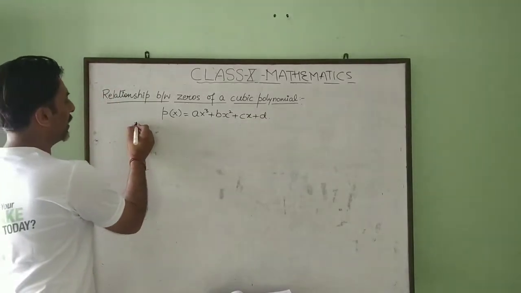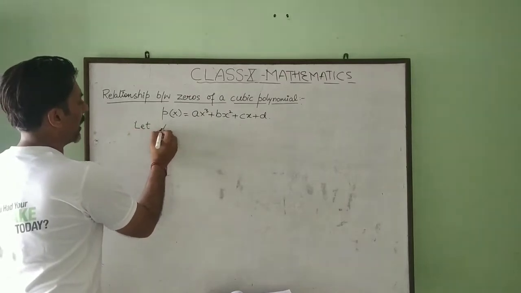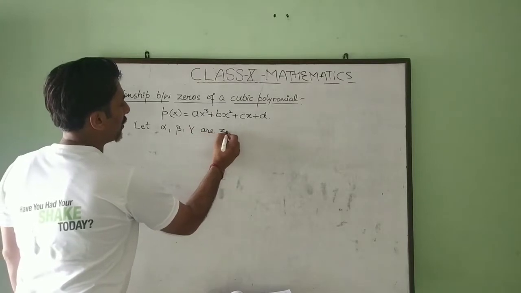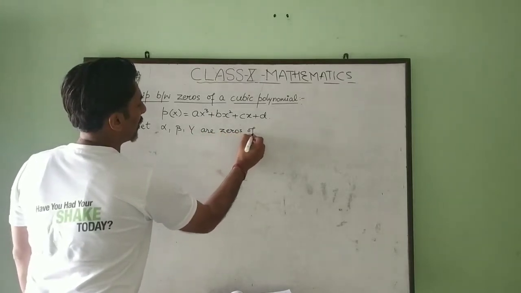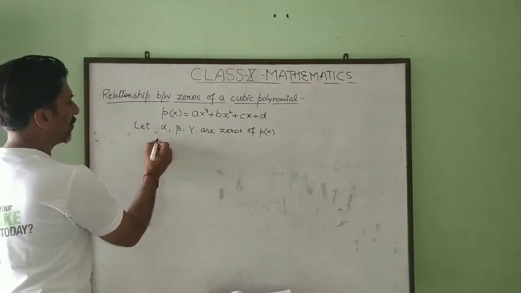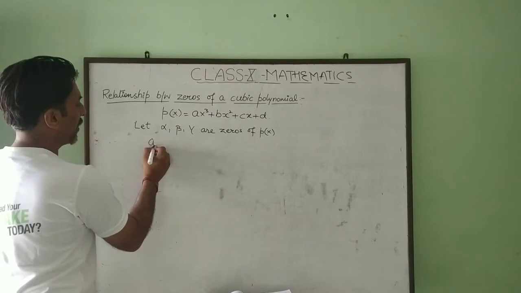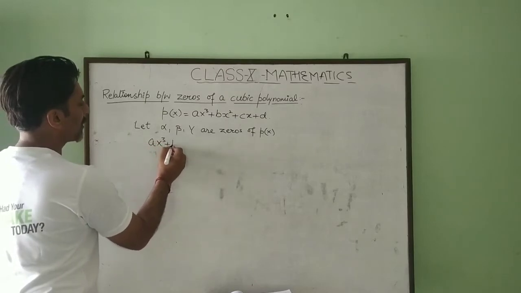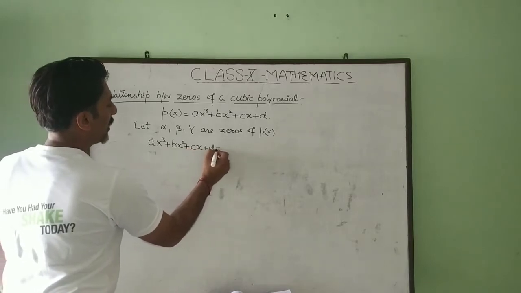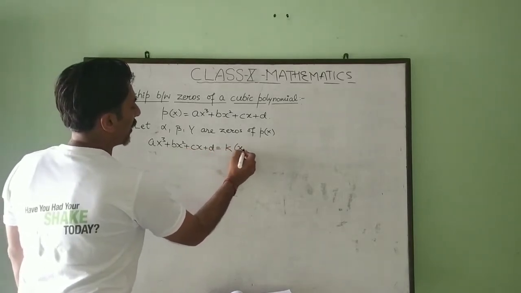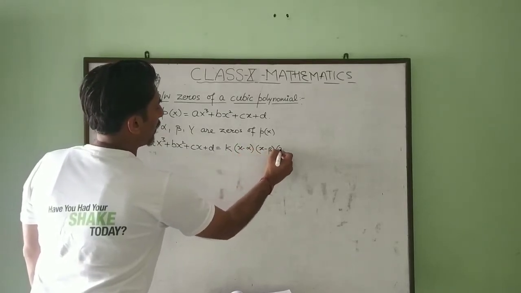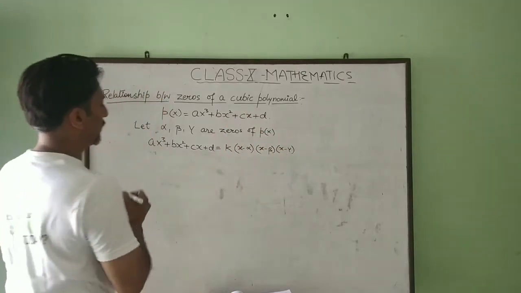So if I say let alpha, beta and gamma be zeros of this polynomial, then what condition do we have? ax cube plus bx square plus cx plus d equals k times (x minus alpha), (x minus beta) and (x minus gamma).